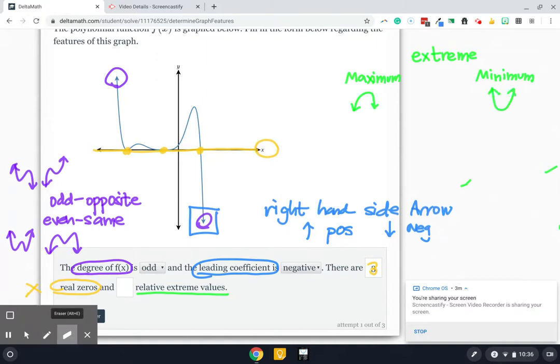In this particular graph, it's not asking about maximums or minimums. It's asking about extremes all together, which means we have to say maximum, minimums, and give the total.